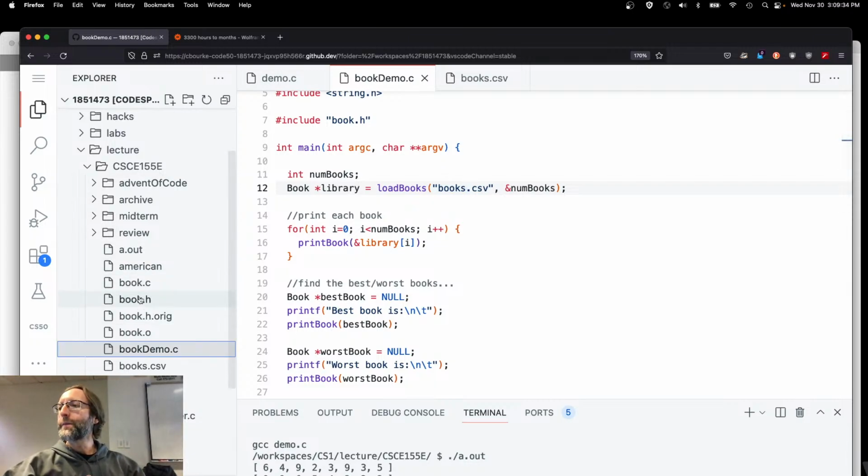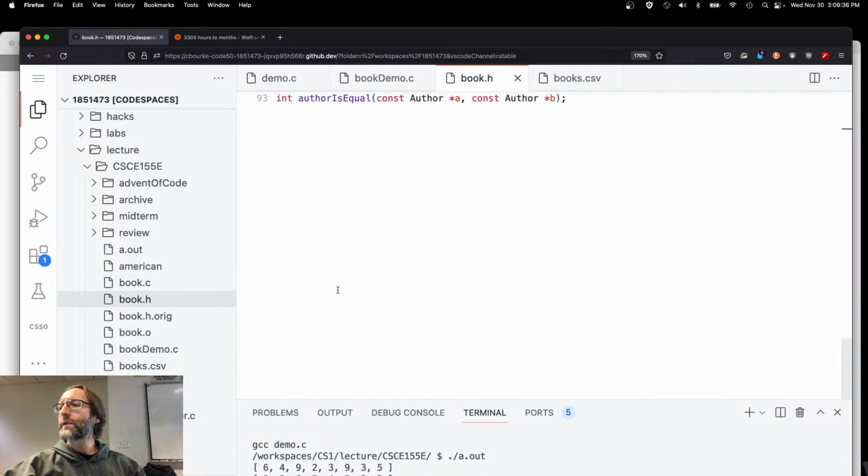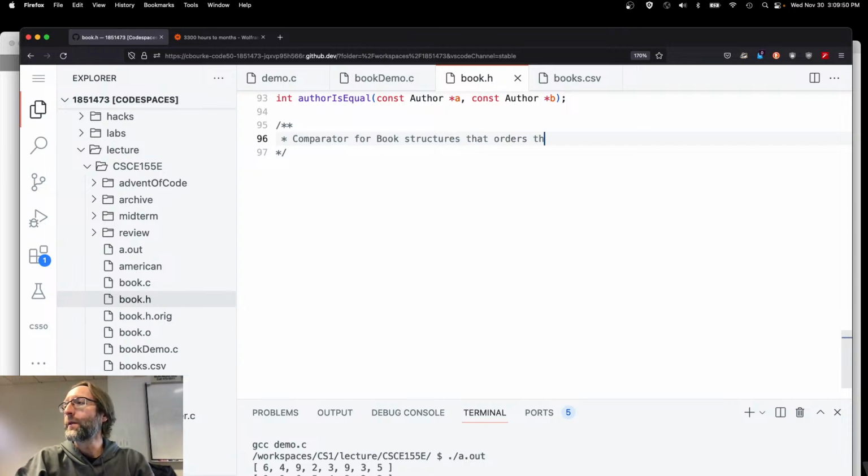Let's do that. Let's write a comparator to order books by their rating in descending, ascending order. It doesn't really matter, right? So a comparator for book structures that orders them by rating in ascending order, descending, which one? Descending? Okay. Descending order.